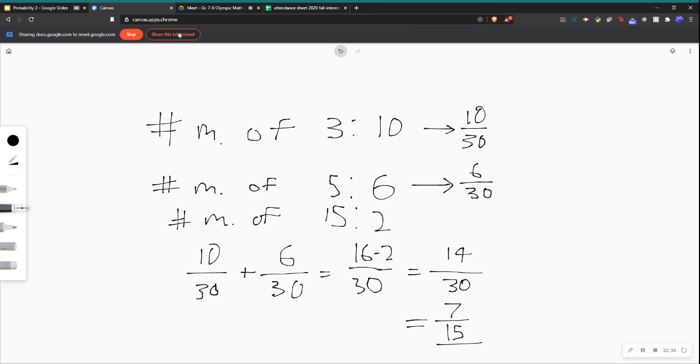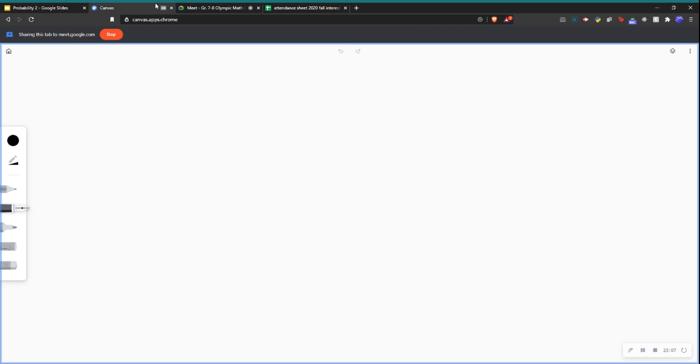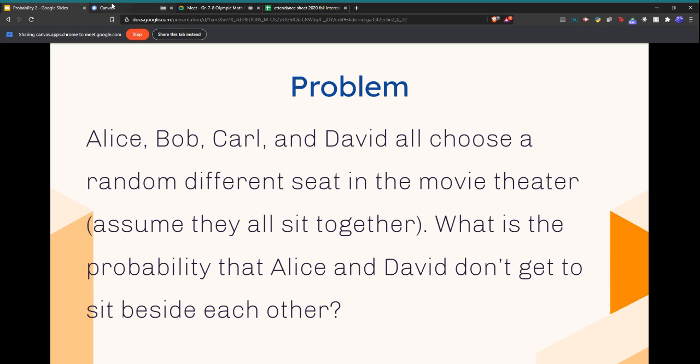Okay, let's take this up. So remember, to solve probability questions you want to find the number of satisfied outcomes, right? In this case, what we could do is find the number of seating arrangements where Alice and David are sitting beside each other.